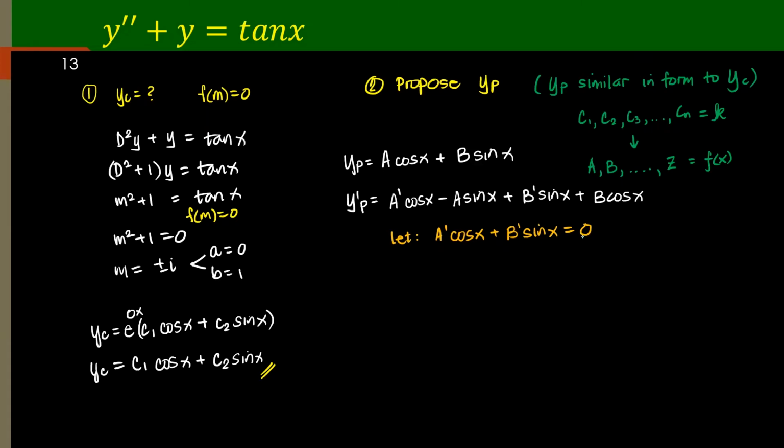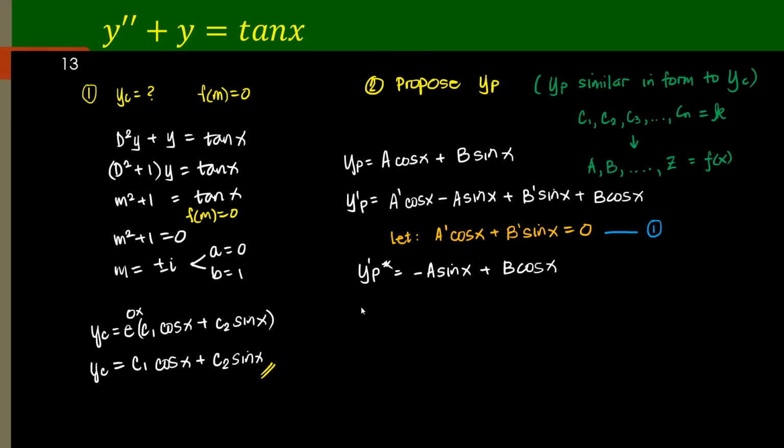Some of you might ask, so if that is equal to 0, that means my y prime of p, let's just call this the new one, would just then be negative A sine of x plus B cosine of x. Since I assumed the A prime cosine x plus B prime sine x to be 0, I can just remove those with primes here. And then whatever's not prime will be left. So this is an assumption.